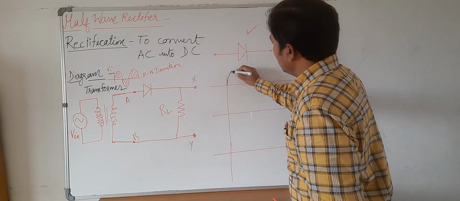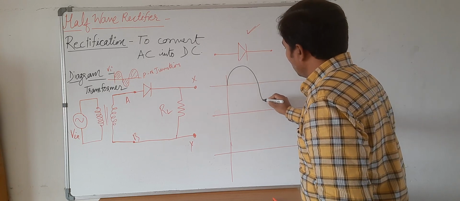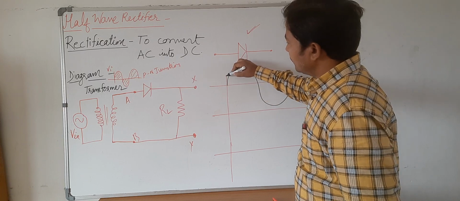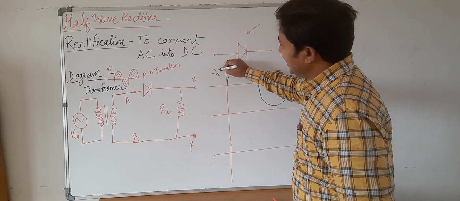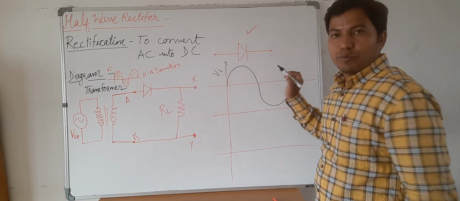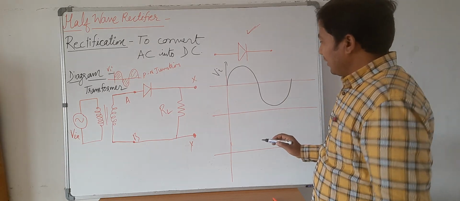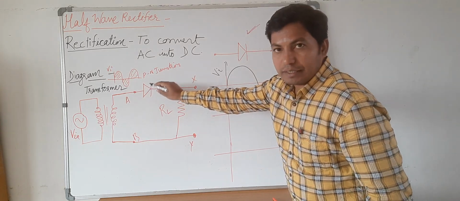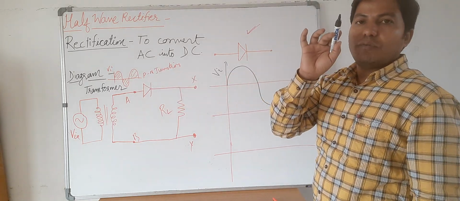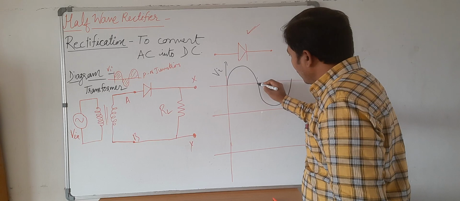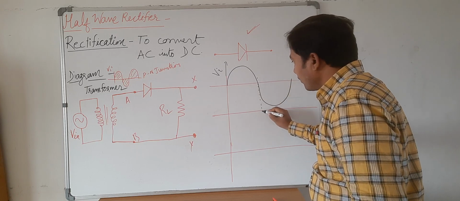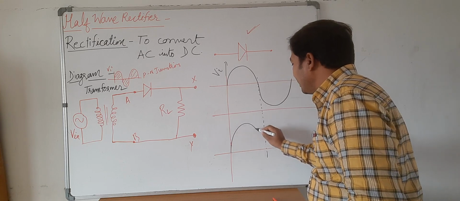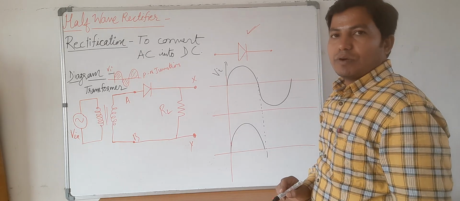Suppose that this is diagram of input voltage. This wavefront represents input voltage. Now what will happen? For output voltage, what will be there? For first half cycle, PN junction works in forward biasing, so it allows the current to pass through it only in forward biasing.